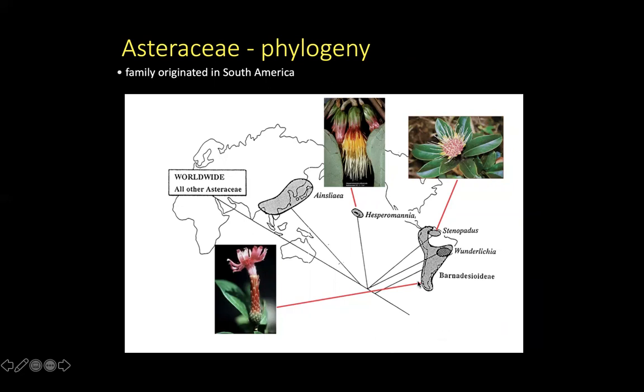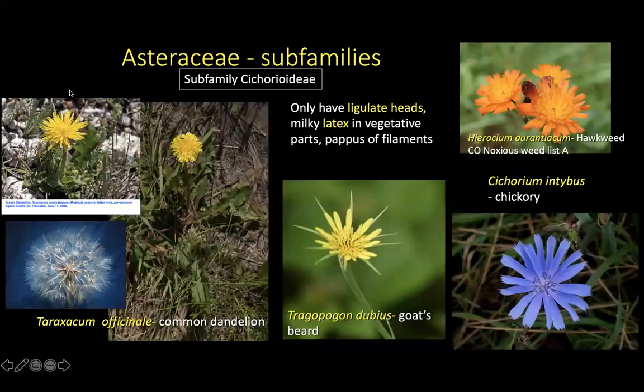So it kind of moved out of South America. There's some groups that are found only in Hawaii and then into East Asia. And then it had a huge diversification worldwide after that. Okay, there has been enormous amounts of taxonomic work in this family.